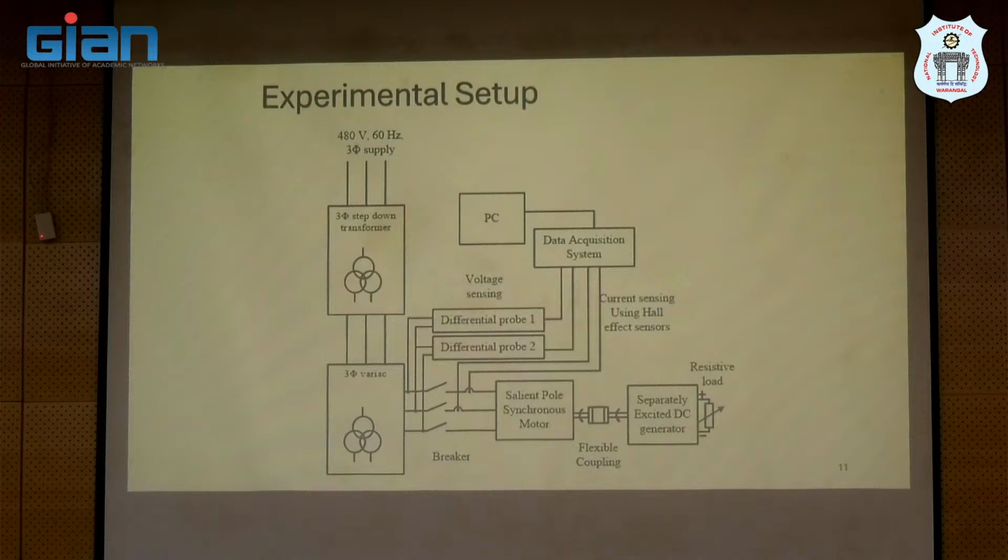In case of EV motors, most of the modern passenger electric cars and the light electric vehicle motors are permanent magnet based, and they will be driven from an inverter. So the test bench will be slightly different. You have a supply from the utility feeding the motor. You will have a variac, and after the variac you will have a three-phase inverter.